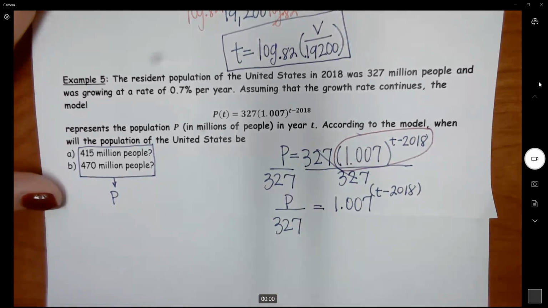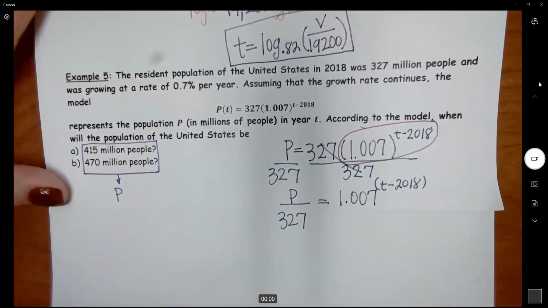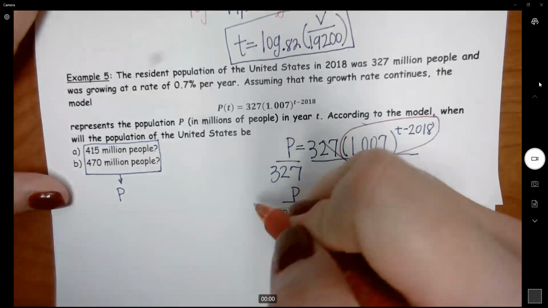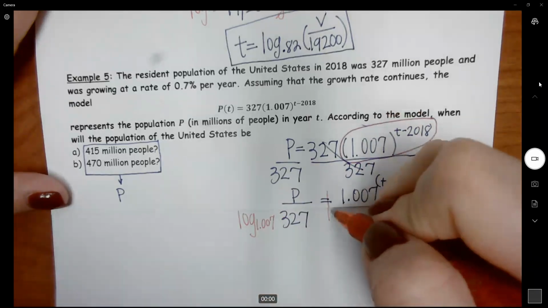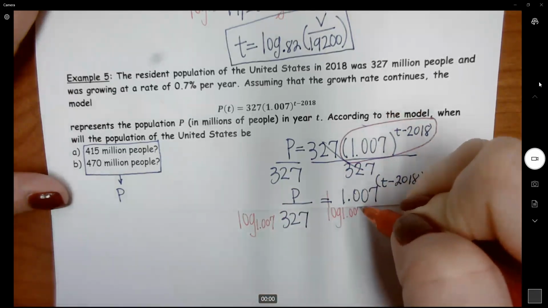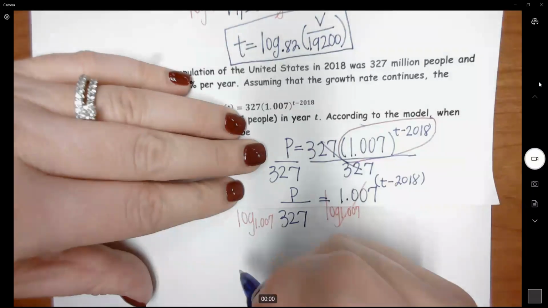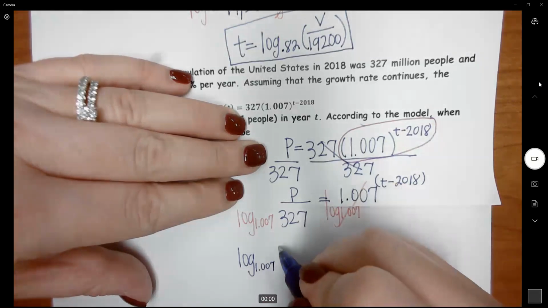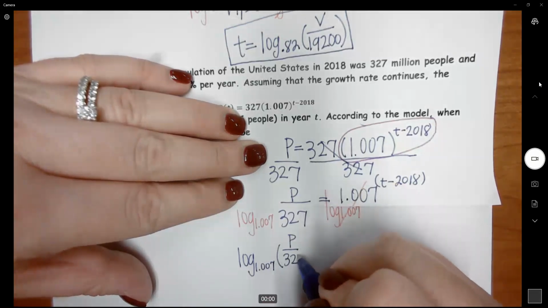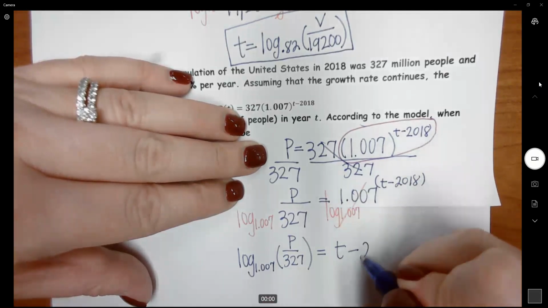Okay, second step is to take the appropriate log on both sides. If I want to get rid of this exponent with a base of 1.007, then I am going to take the log of 1.007 to both sides. So that cancels there, and I have log base 1.007 of P over 327 equals, and this is going to come down, so T minus 2018.